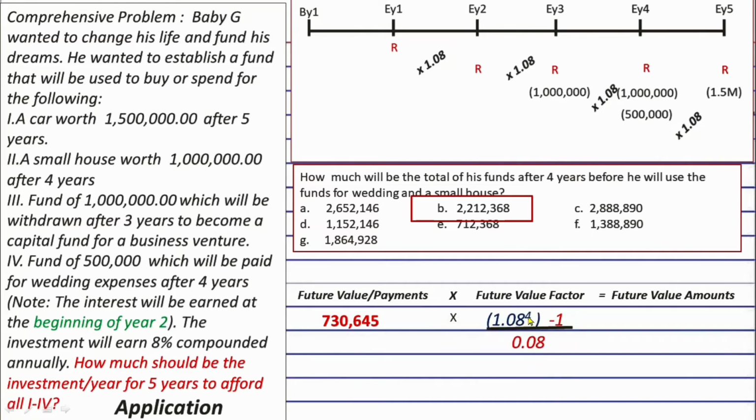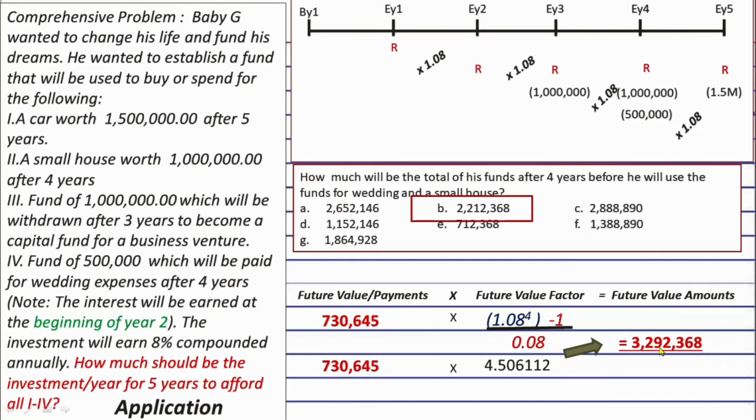Okay? Instead of 3. Because again, we need to find the investment balance of baby G at the end of the 4th year. So now, if we solve this, we will get a factor of 4.506112 times the 730,645 equals 3,292,368.